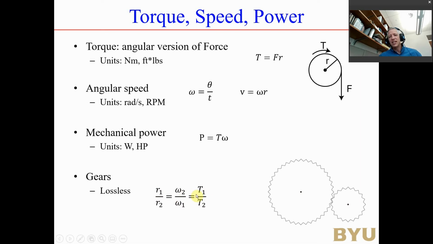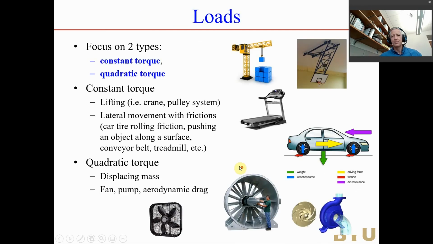So I can increase the speed, and that's going to correspond to dropping the torque, or vice versa. I can decrease the speed and increase the torque using a gear system. And the gears can be gears like this. It could be multiple gears. It could be belts, different ways to do this type of gearing system.